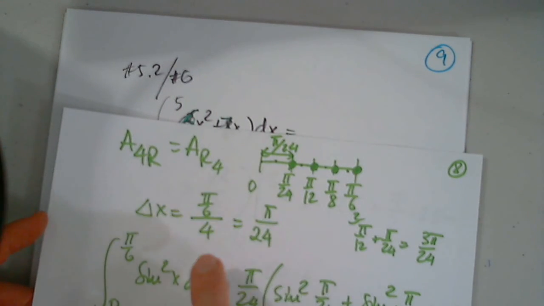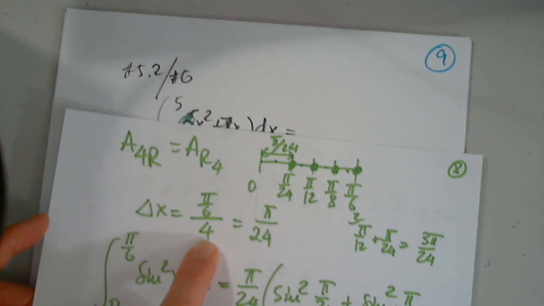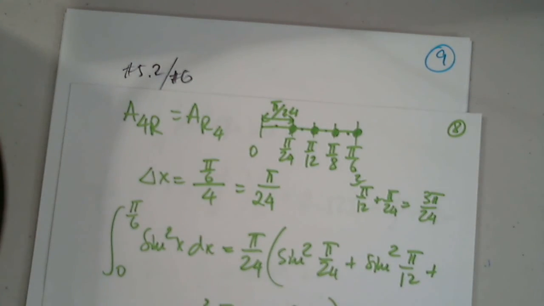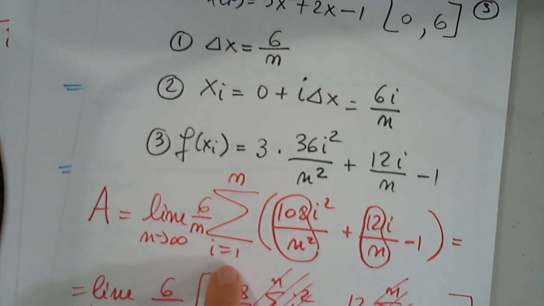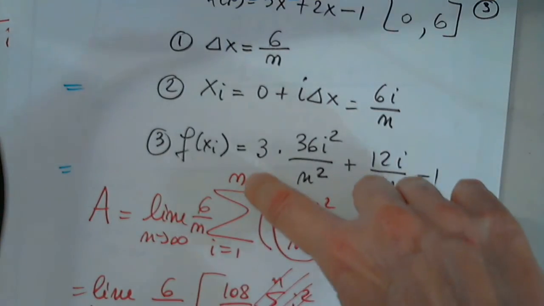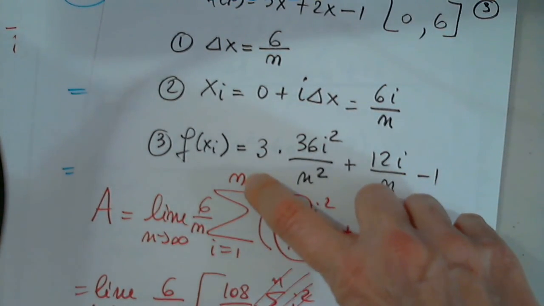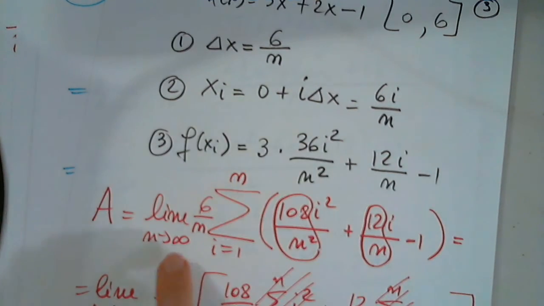We're specifically told to use 4 subintervals. But if you want to determine exact area, you cannot use 4 or 6 or 8, you have to use n from the first subinterval till the nth subinterval, and furthermore, n, the number of subintervals, goes to infinity.